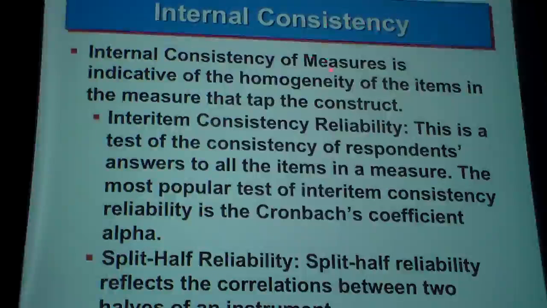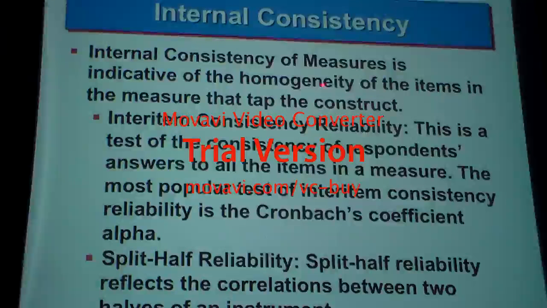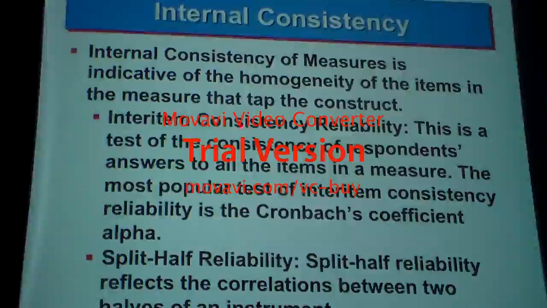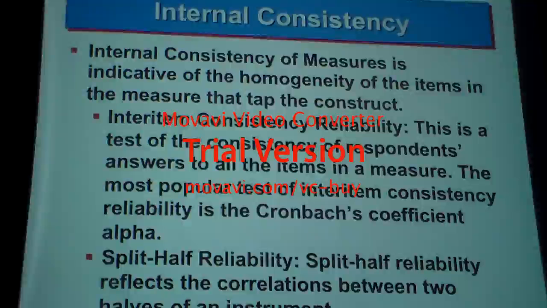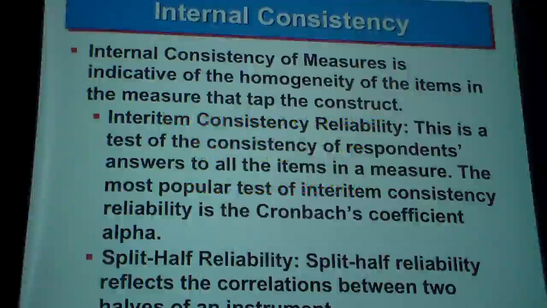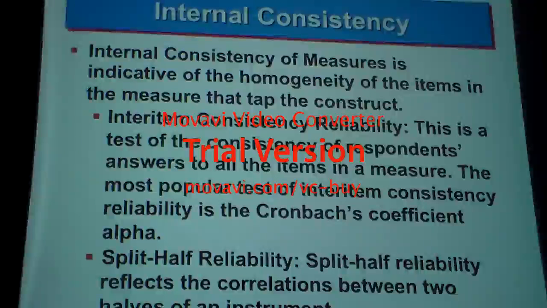Internal consistency: what do we mean? Internal consistency of the measure is indicative of the homogeneity of the items in the measure. Homogeneity means similarity. If all the items in the measure are similar, from the same type, then we call it homogeneity. Heterogeneity is if they are from different sources or different natures.